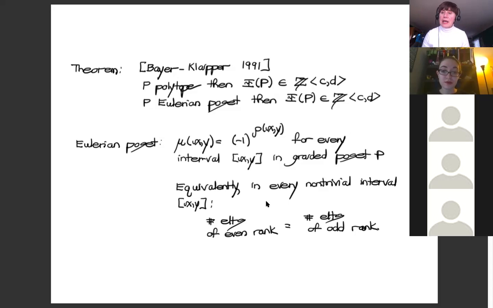And there's something called the Eulerian condition, which says that if you look in any subinterval and the number of elements of even rank is equal to odd rank, that's equivalent to Eulerianness. There's another way to talk about it with the Mobius function, but I will perhaps skip that.